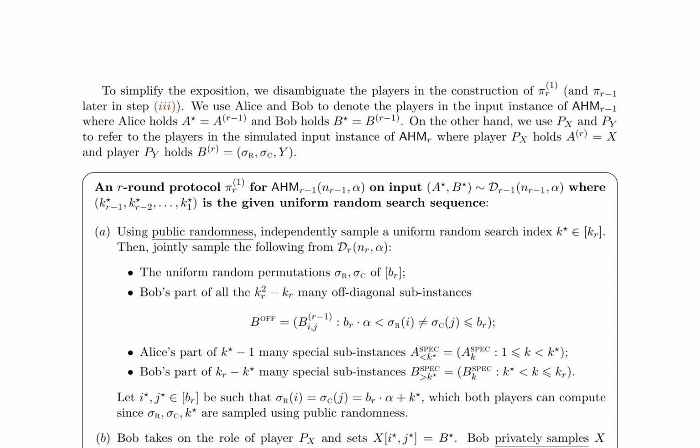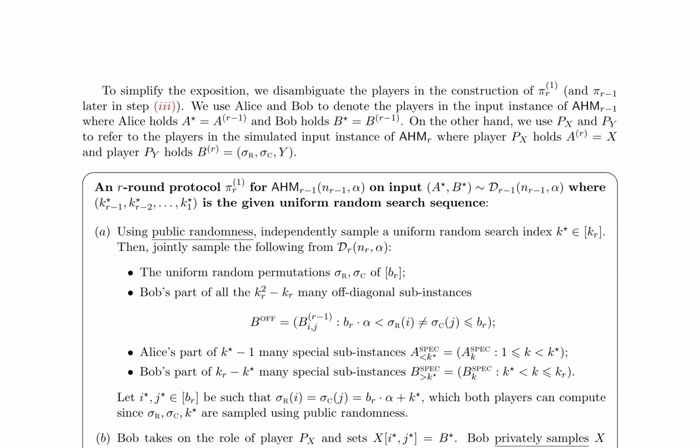Then, the authors jointly sample the following from D r, n r, alpha: the uniform random permutations sigma r, sigma c of b r, Bob's part of all the k r squared minus k r many off-diagonal subinstances B off, Alice's part of k-star minus 1 many special subinstances A spec less than k-star, and Bob's part of k r minus k-star many special subinstances B spec greater than k-star.